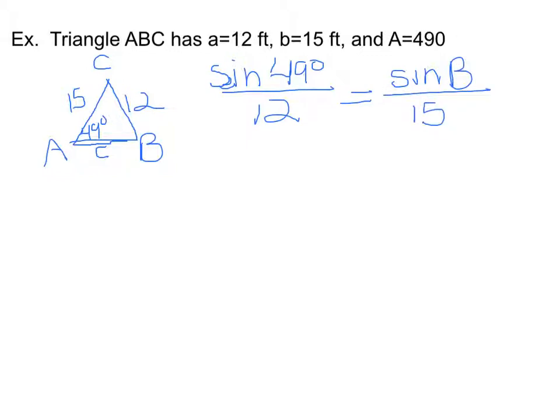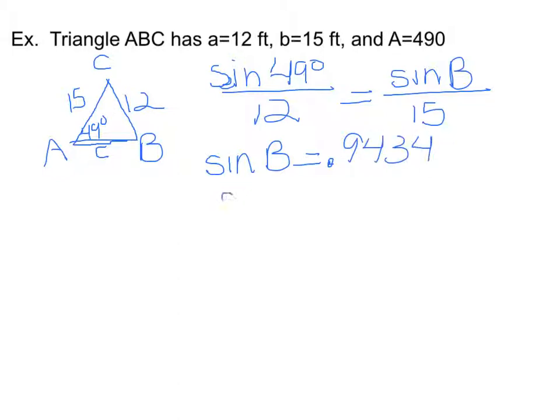When we cross multiply and divide by 12, we find that the sine of angle B, rounded, is equal to 0.9434.